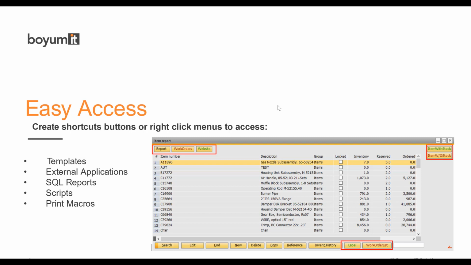So you can create buttons and make it simpler for you to access data, so you don't have to click around so much. On the buttons you can attach templates, external applications, SQL reports, scripts, and print markers. And if you prefer to do a right click instead of a button, you can do the same just by doing a right click. So easy access, so you have the data right at your fingertips.